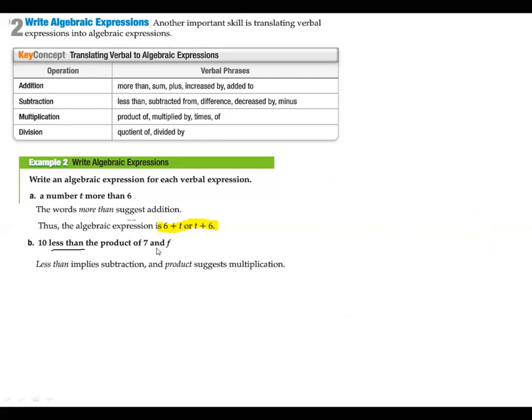This is the most common wrong answer I'll see, because that is saying 10 minus 7 times f. Well, that's not what this says. This says 10 less than the product of 7 and f. So what that actually means is that you're taking 10 away from the product of 7 and f. So this is actually what it looks like, 7f minus 10.